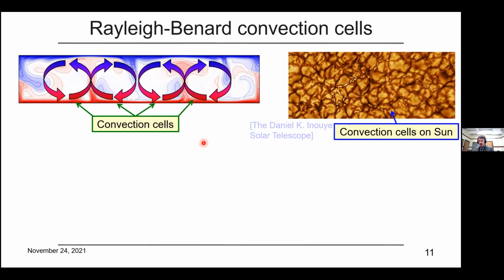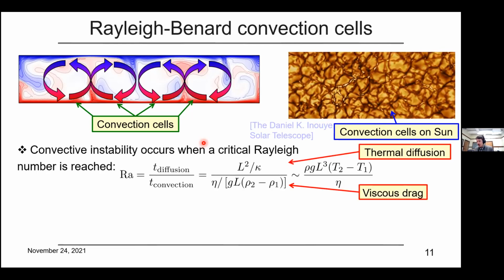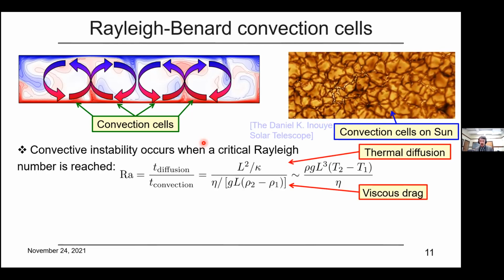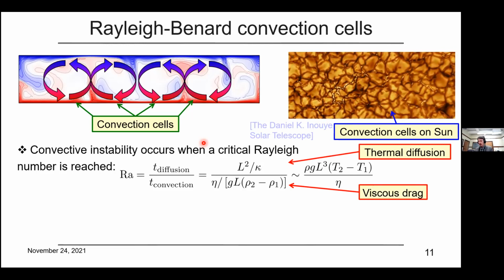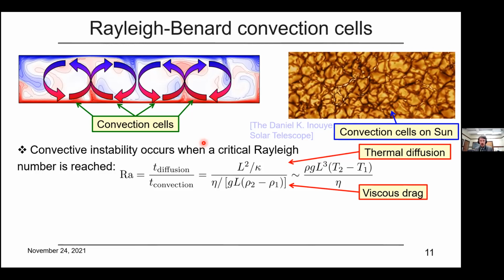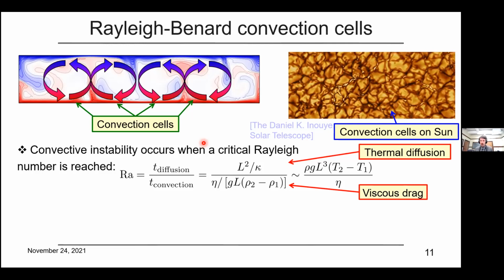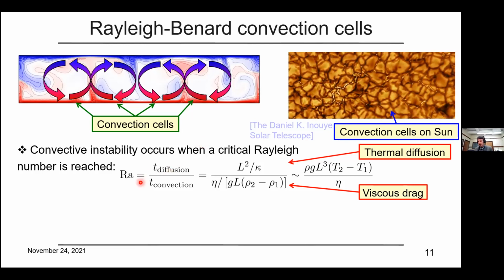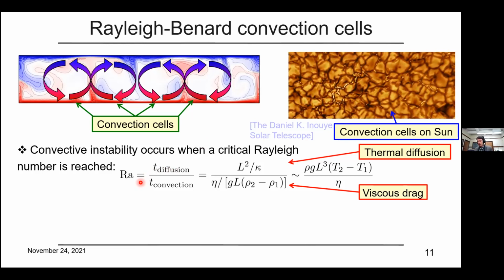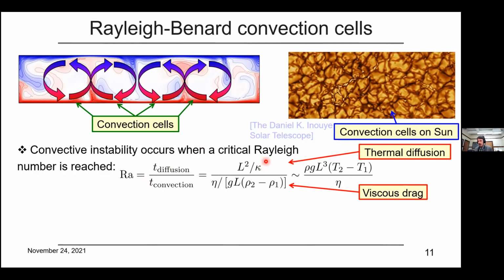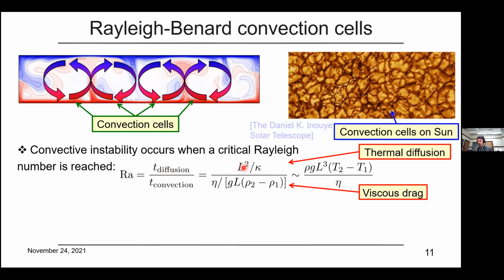In order to realize such convection cells, it's not enough just to heat the fluid by any amount. One needs to reach a certain threshold, which is determined by the critical Rayleigh number. So what is the Rayleigh number? Essentially, the Rayleigh number determines how effective diffusion is compared to viscosity. It's defined as the time scale for diffusion divided by the time scale for convection. The time scale for thermal diffusion is essentially just the size of the system divided by thermal diffusivity.